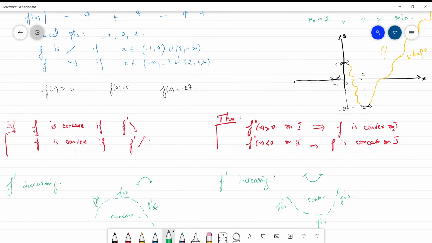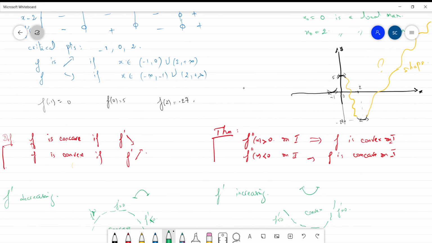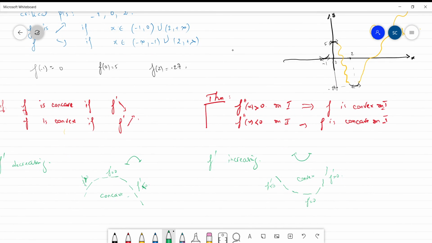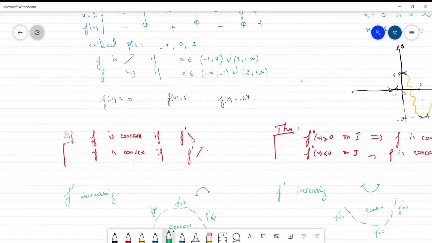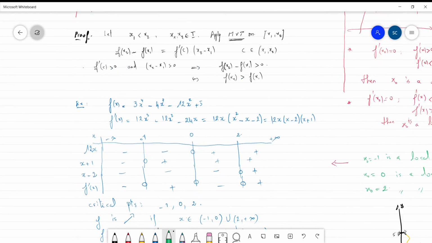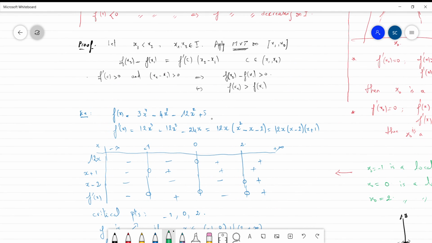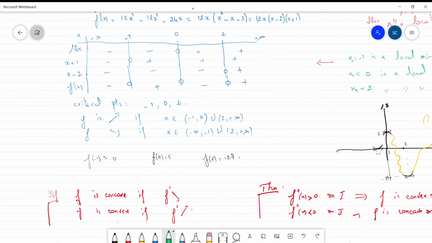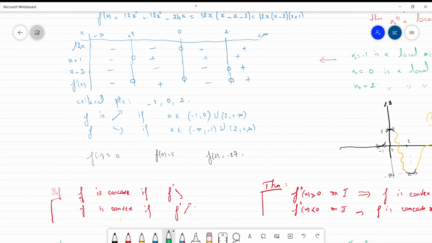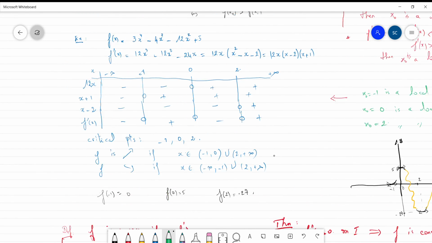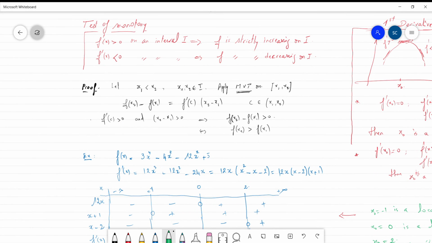So if you come back, here it's more complicated, so we'll not study this function. The main idea is that studying the sign of the second derivative gives you more. The first derivative gave us the monotony and a test for critical points. There is another test that the second derivative gives us, about the inflection point.